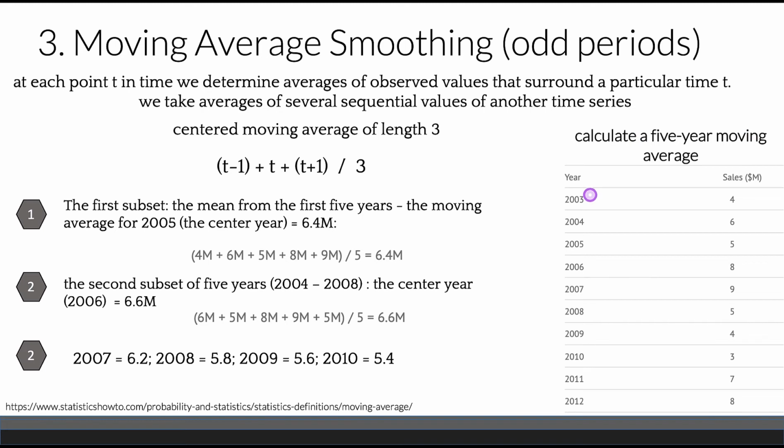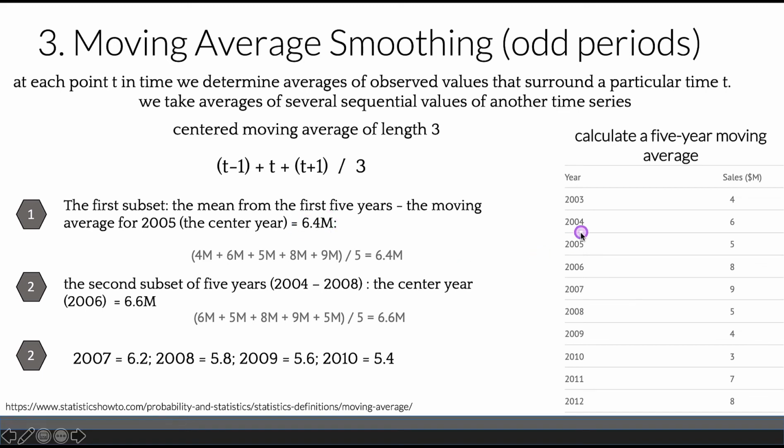We have years from 2003 up to 2012. The first step is we'll take a subset of 5 years. For the first subset, with a center year of 2005, we'll calculate the average. We'll take all the sales values and divide by 5. So we'll assign the value of 6.4 to 2005.